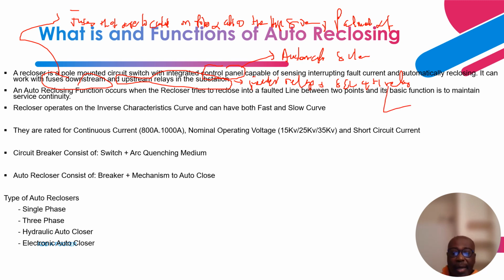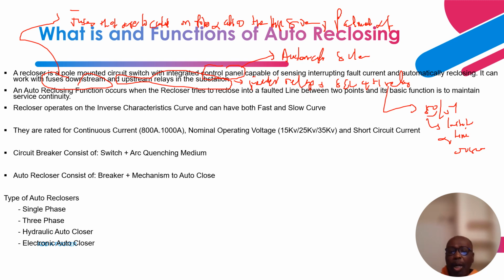And this relay usually utilizes the following functions for feeder protection, right? It uses 50-51, that is instantaneous and time overcurrent functions, on the feeder.